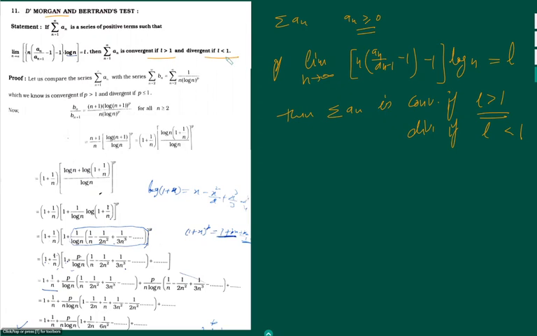Alright, this is De Morgan and Bertrand test. If this limit is L, then we have convergence for L greater than 1 and divergence for L less than 1. So how do we prove this?